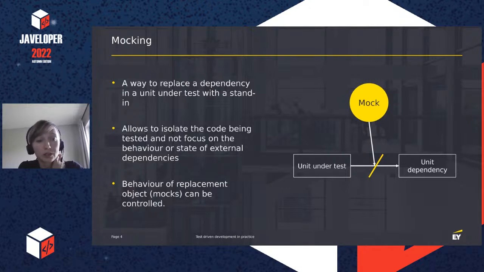Mocking allows us to isolate the code being tested and not focus on the behavior or state of external dependencies. And we can, of course, control the behavior of these replacement objects and program what behavior they will show or which state these stand-in objects will have.